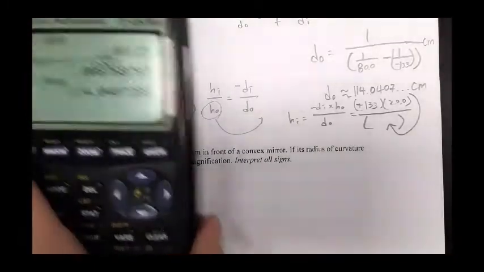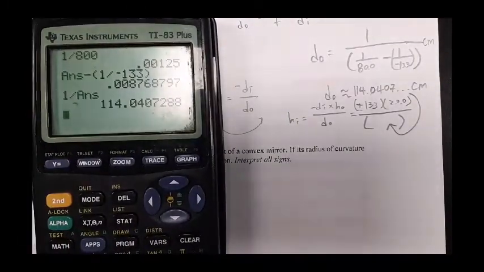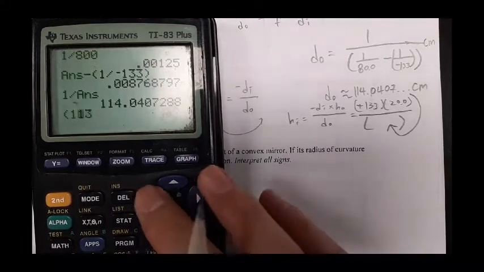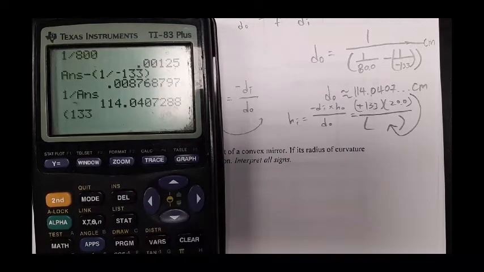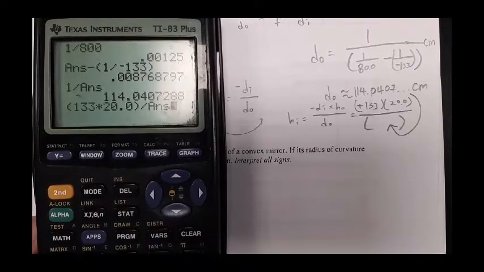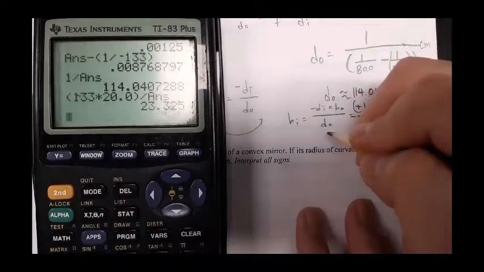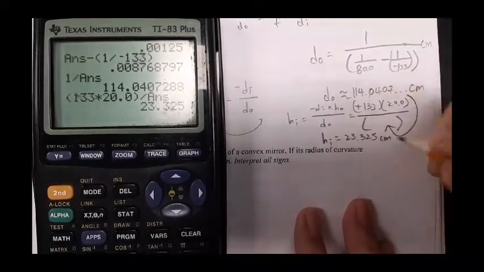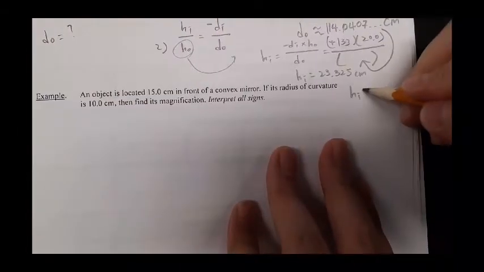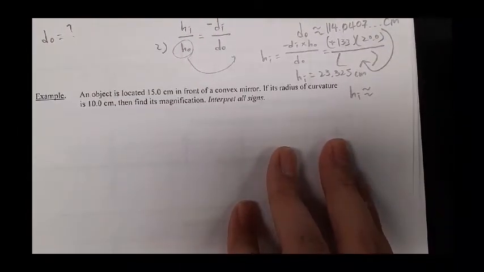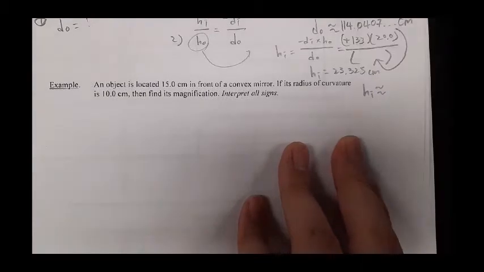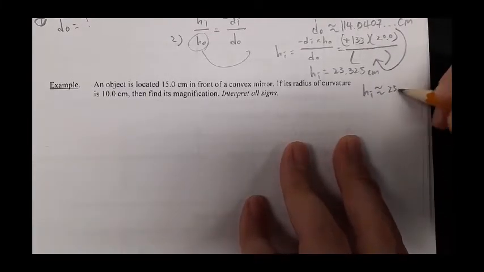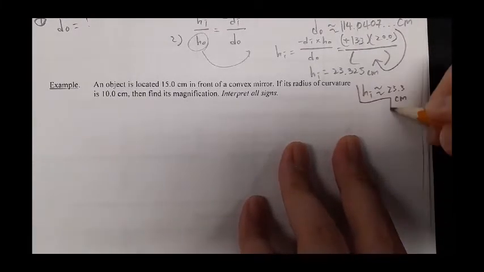And now we're going to punch those numbers in. 133 times 20.0 divided by my previous answer, which is DO, gives me a height of the image of 23.325 centimeter. So HI, in the end, I can round to significant digits. I have 3 significant digits in this entire system, so 23.3 centimeter high.